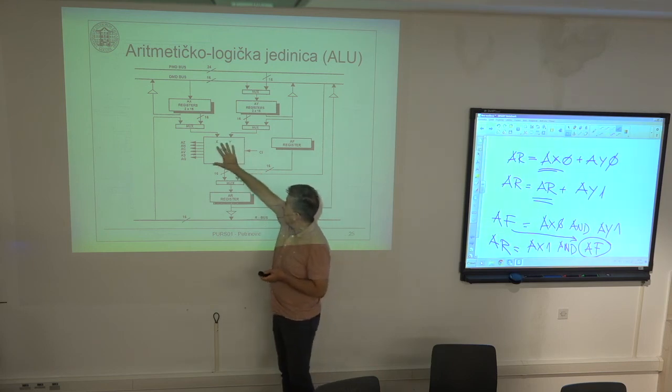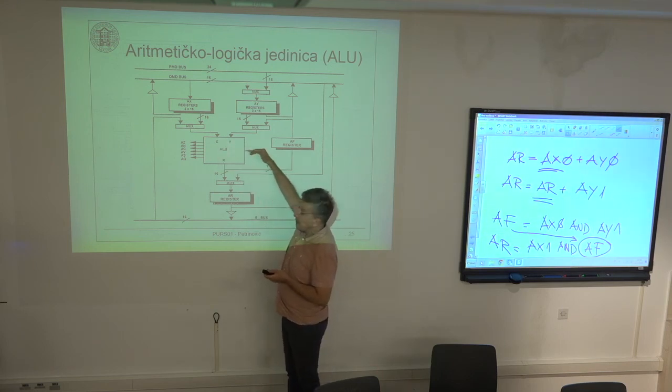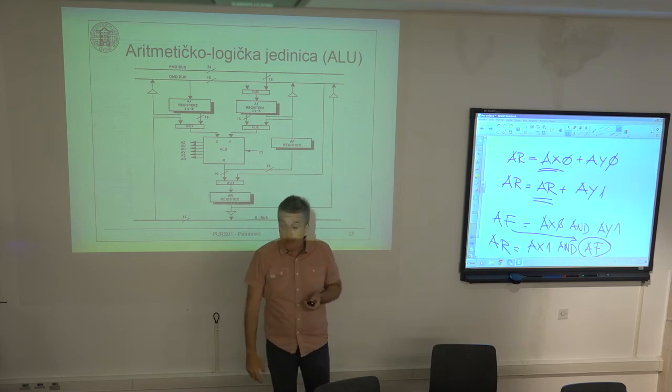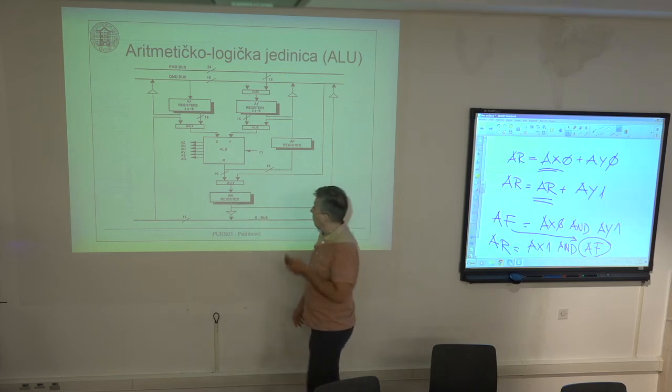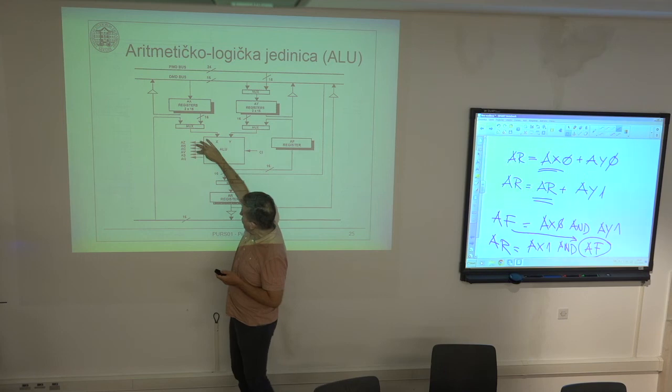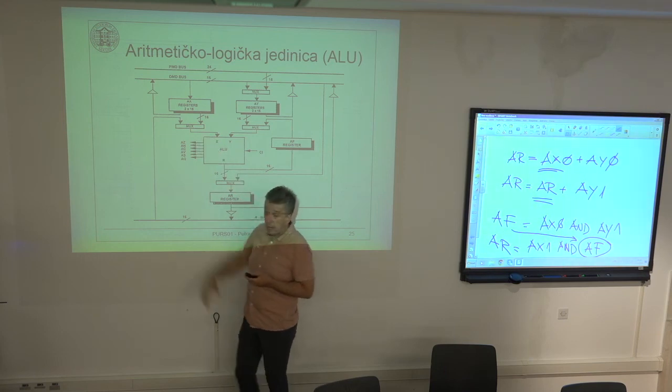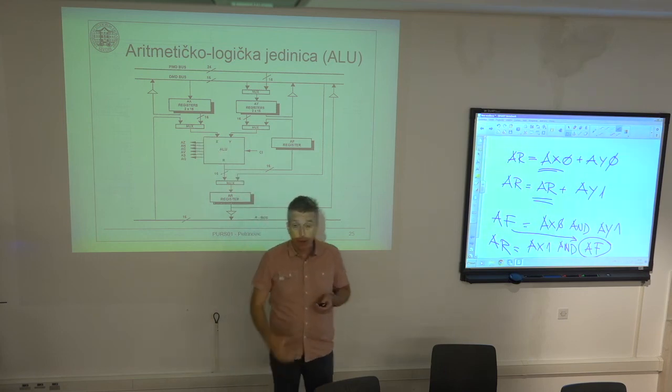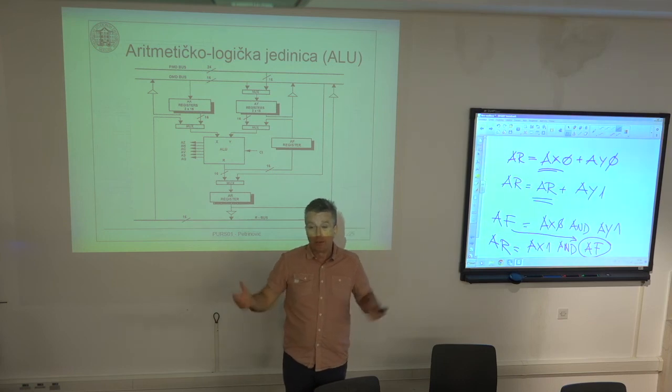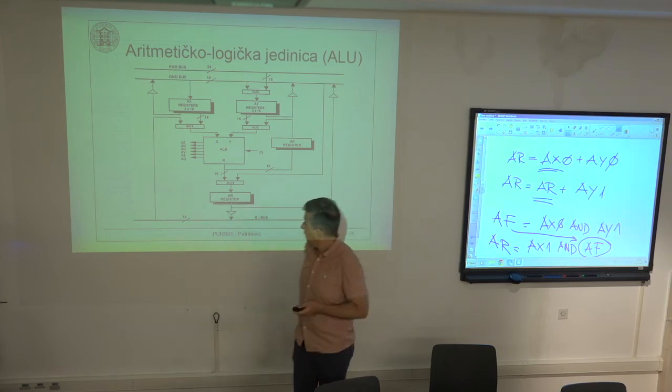So this ALU has one input flag, the carry input flag, and it has 5 output flags, or 6. The first 4 output flags are conventional flags that you have on most general purpose CPUs or microcontrollers.